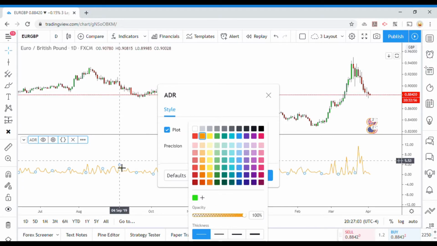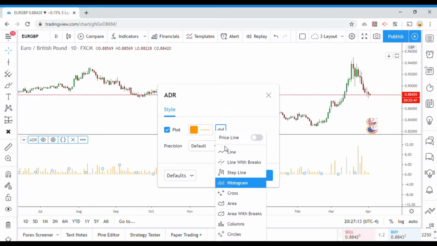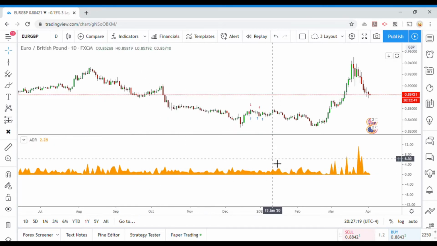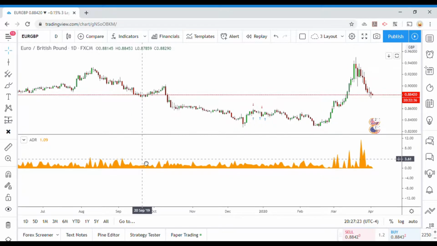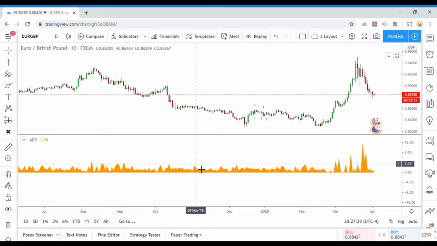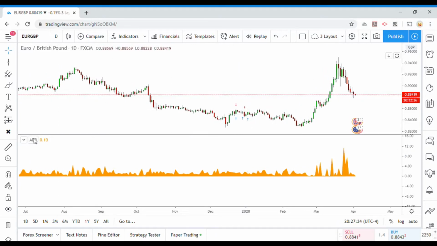You can change the color of the line, which doesn't help us at all. You can change whether it's a histogram, whether it's a line, whether it's an area, and so on and so on. But honestly, at this point, this indicator is just doing a whole lot of nothing.